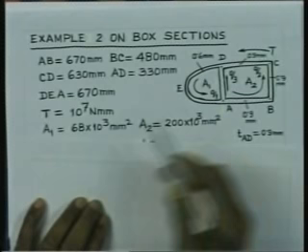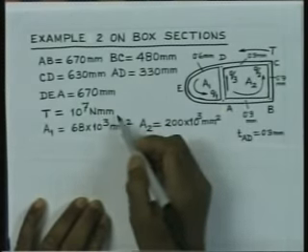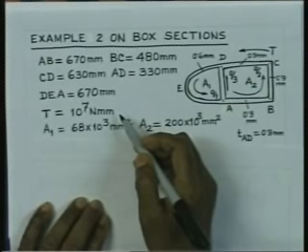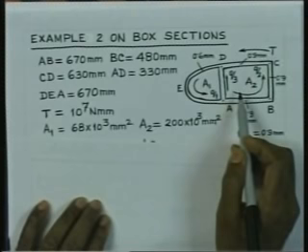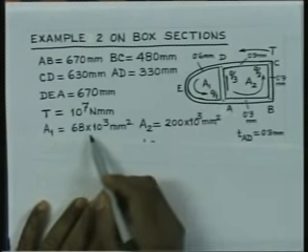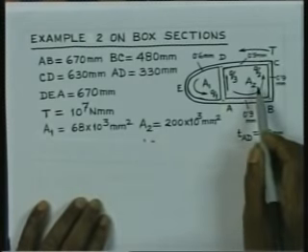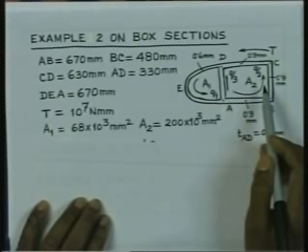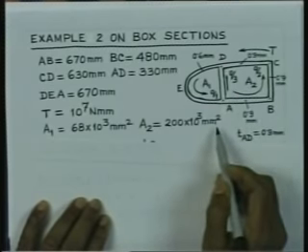It is given that a torque of magnitude 10 to the power 7 Newton millimeter is applied. The area enclosed by cell 1, that is A1, is 68 into 10 to the power 3 millimeter square. Also, cell 2 has an area of 200 into 10 to the power 3 millimeter square.